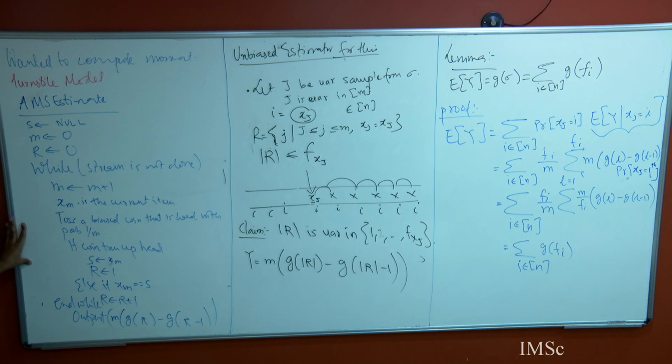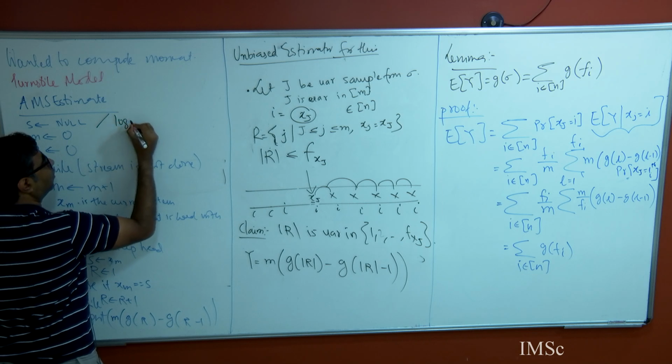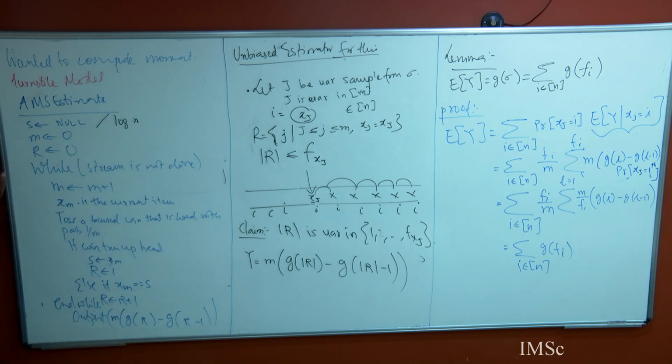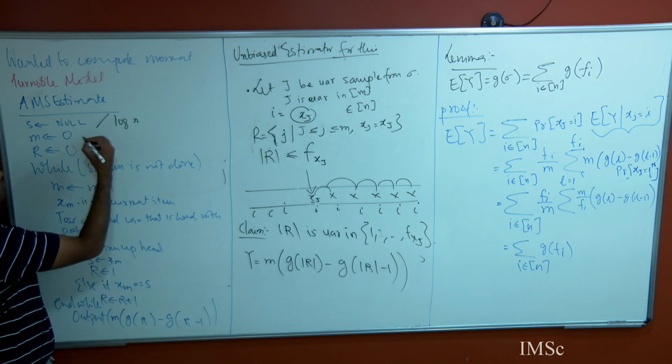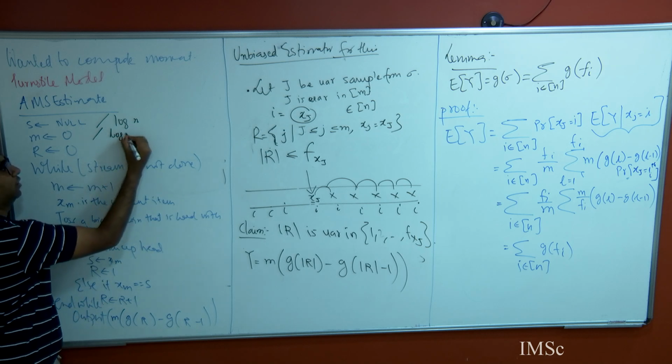How much space does it take first of all? S is some number between 1 to n, so how many bits of space is this going to take? Log n bits. M is some number between 1 to m, where m is the total number of items that is going to come, which is log m bits.